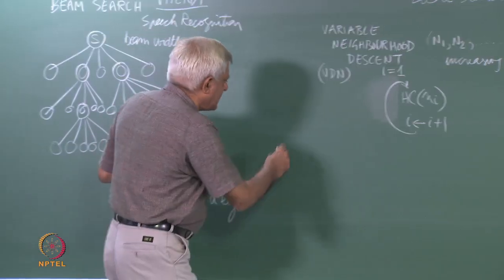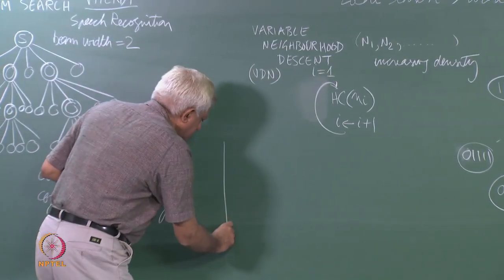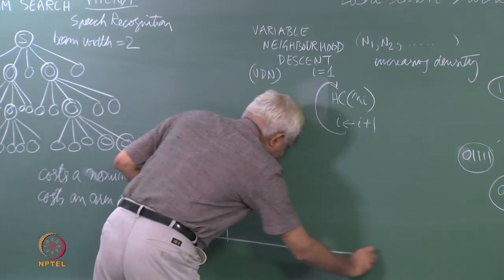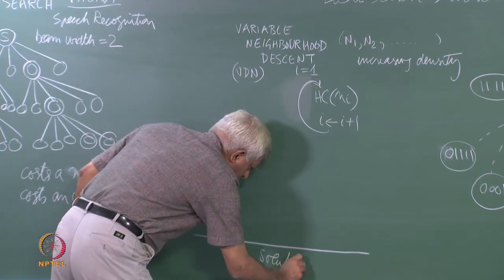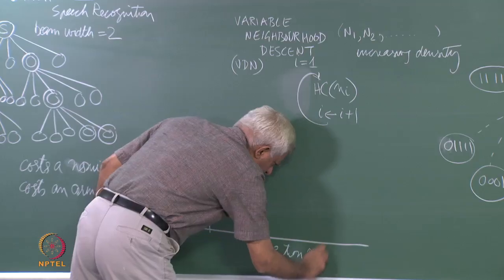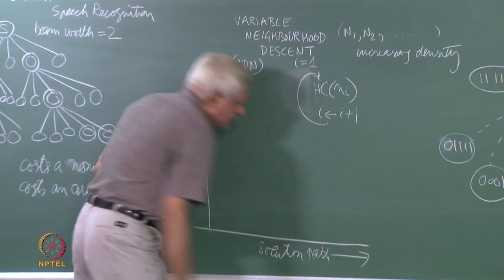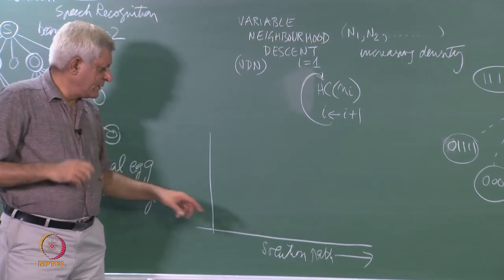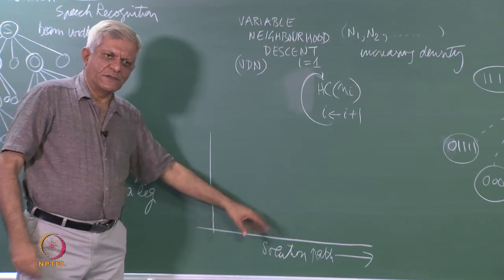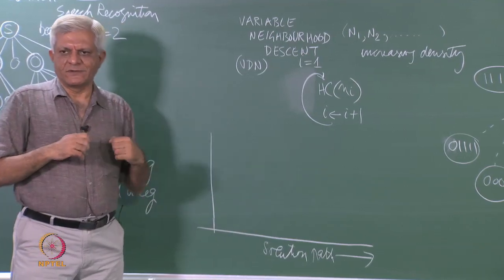So, the idea that I am trying to talk about is this, that this is a solution, which means move 1, move 2, move 3, move 4 and so on, somebody has given you a solution.